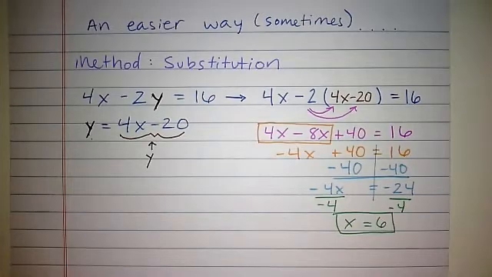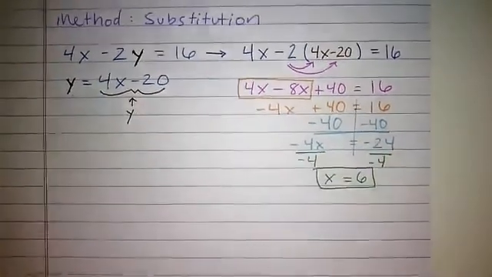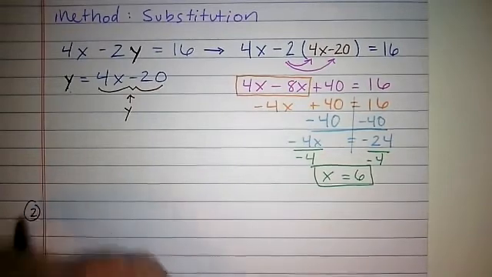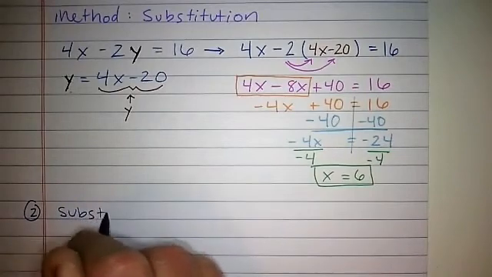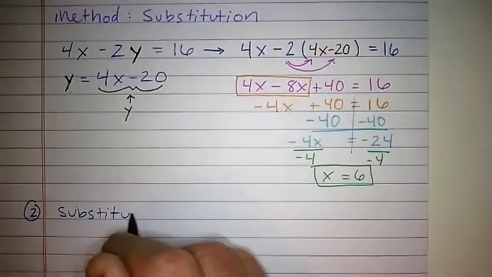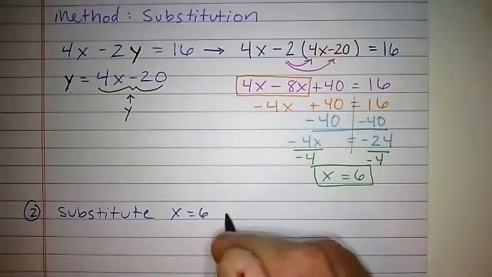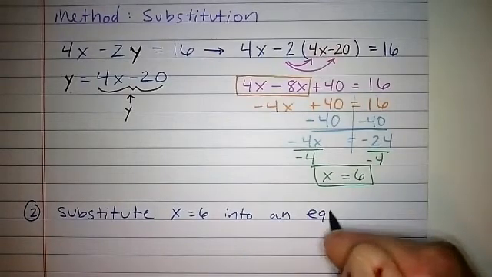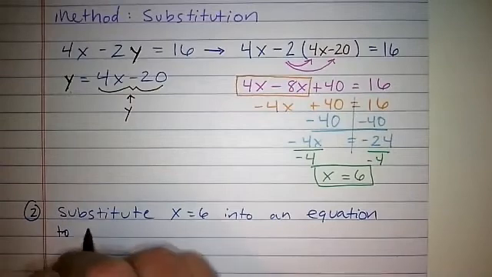And so just like any system problem, we don't want to stop there because we've only found the solution for x. So just like the previous example, the second thing that we need to do here is substitute x equals 6 into an equation to find y.